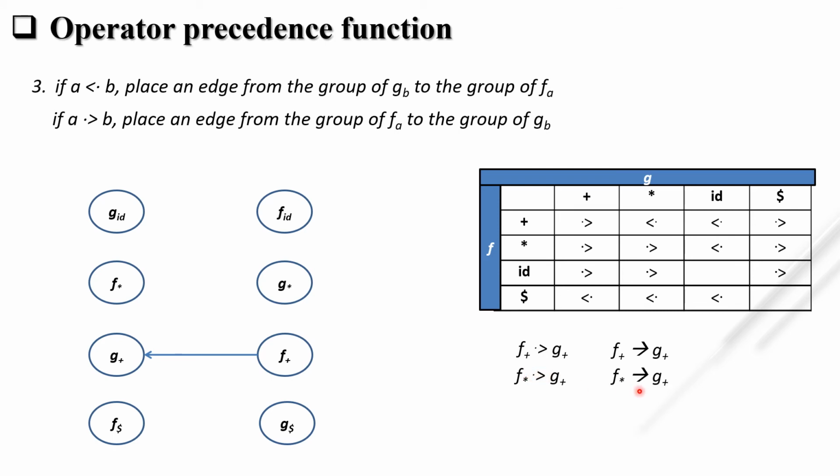Where is g of plus? Here. Similarly, next is f of id and g of plus. So from f of id we go to g of plus, here to here.